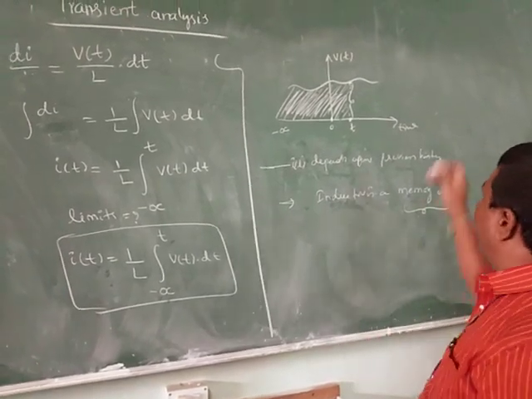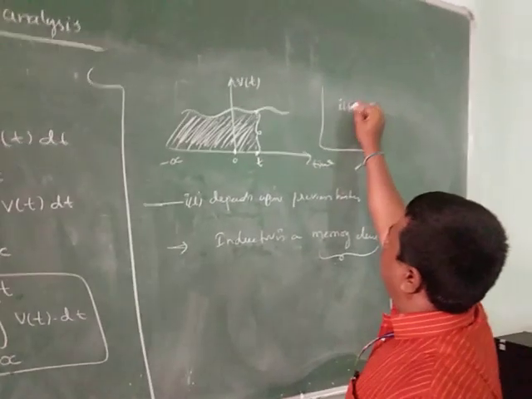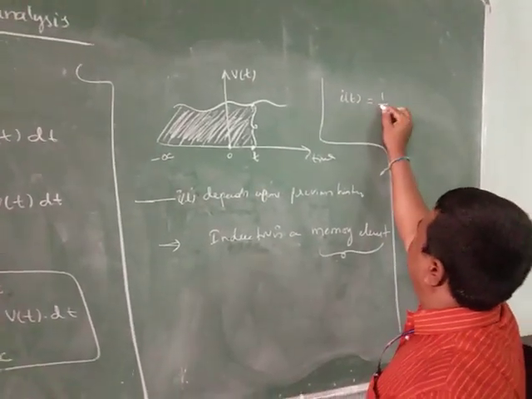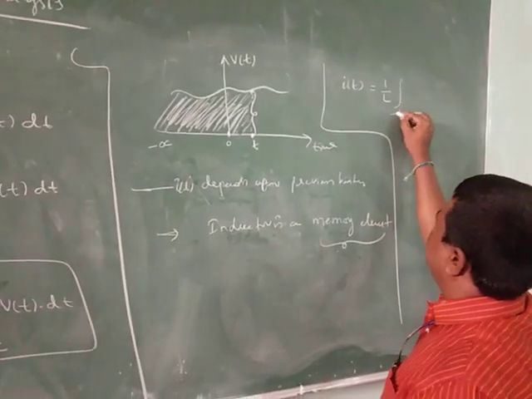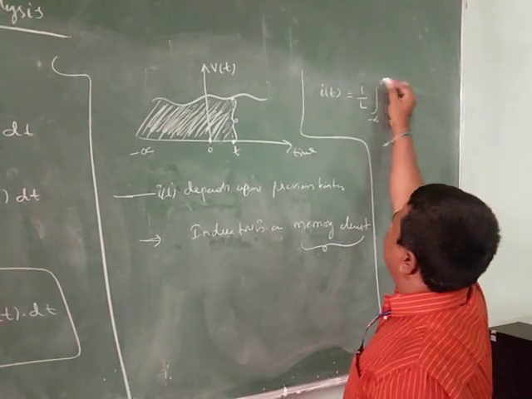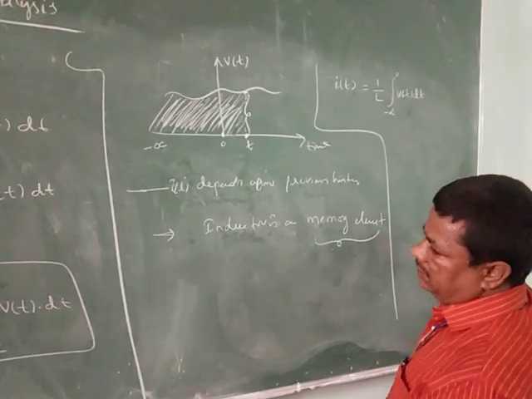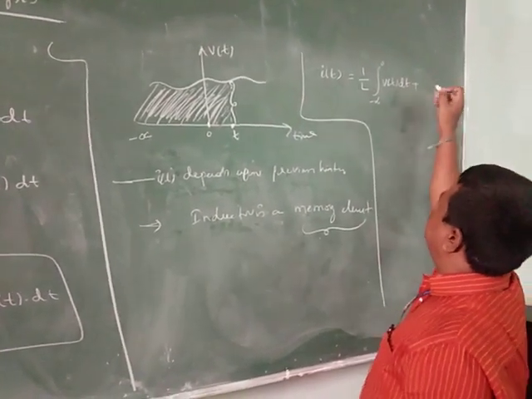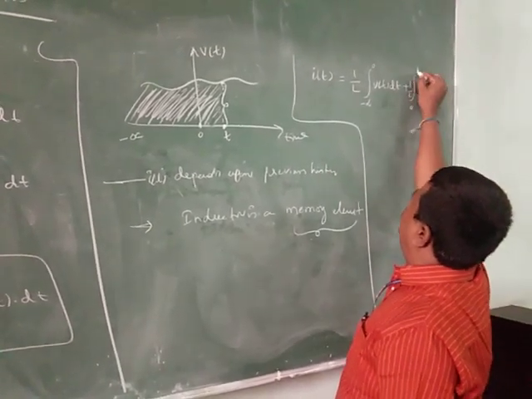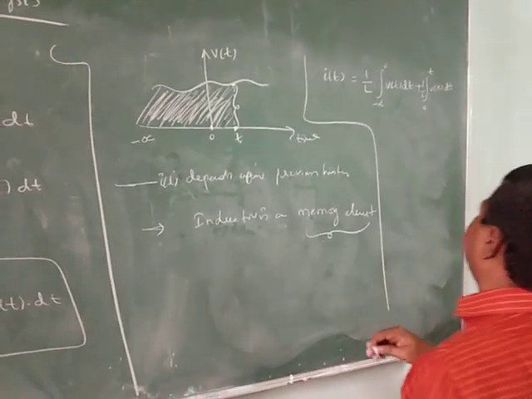Now again, I of t can also be written as 1 by L integral from minus infinity to 0 of V of t dt plus 1 by L integral from 0 to t of V of t dt.